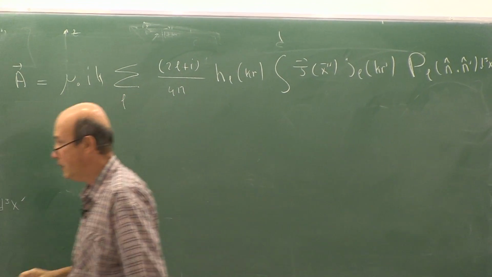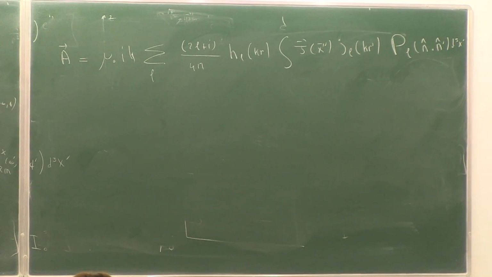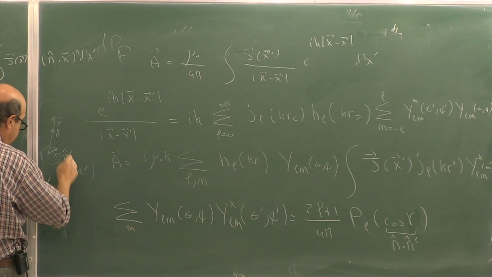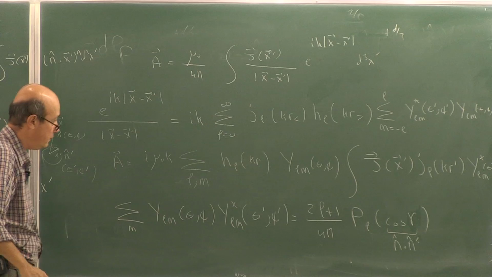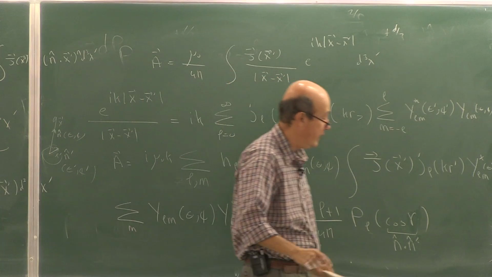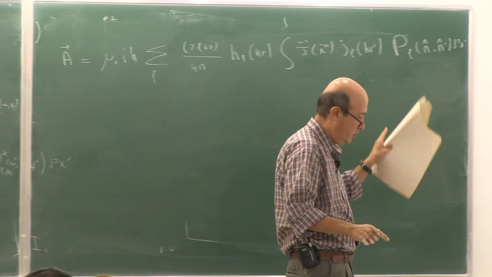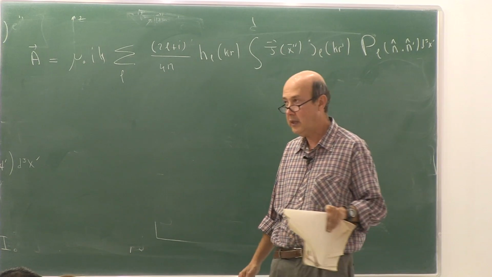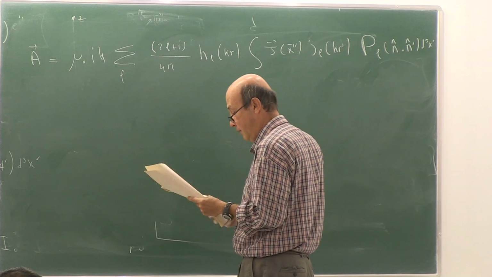Again, let me tell you that n prime is the direction in terms of theta prime, phi prime, and n is the direction in terms of theta and phi. n dot n prime gives the angle between them. n prime is physically the unit vector along the source location, and n is the unit vector along the point of observation. So this is the form of the vector potential.